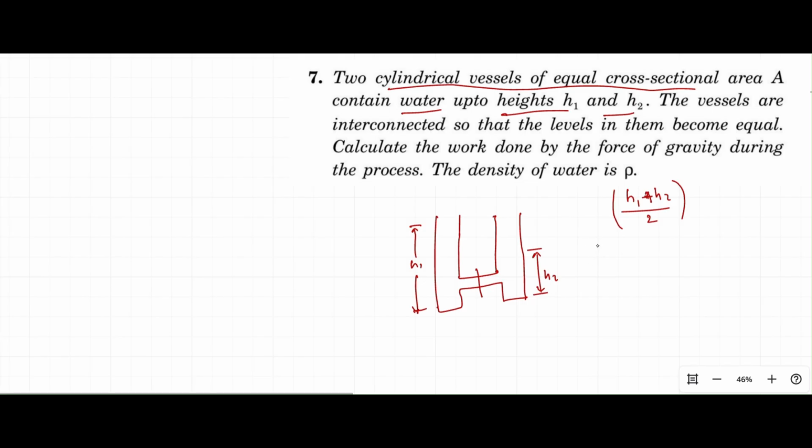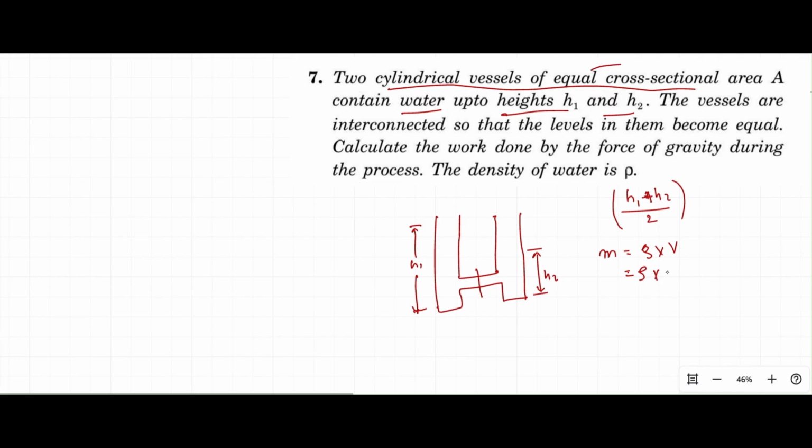Now, another thing is that we know that mass is equal to density into volume. Water has the same density on this side also, so we are not going to play with that. And in the question it is given that the cross-sectional area is equal.